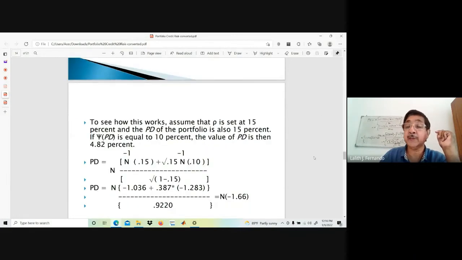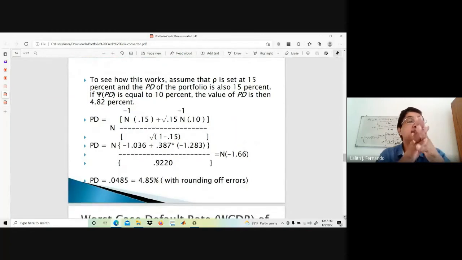What do you mean by that? Now the meaning is this. You are 99% confident the loss would not go higher than that. That is what you mean by a worst case loss. Or in other words, in the worst scenario, what would be the maximum loss you are going to make?